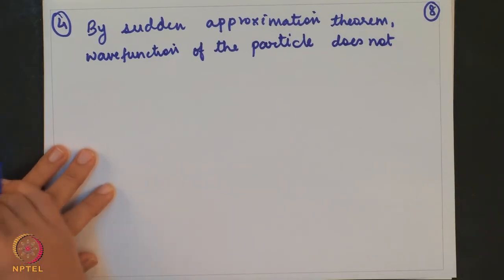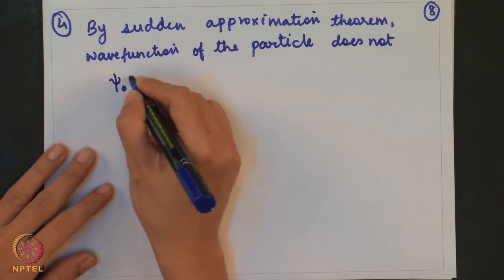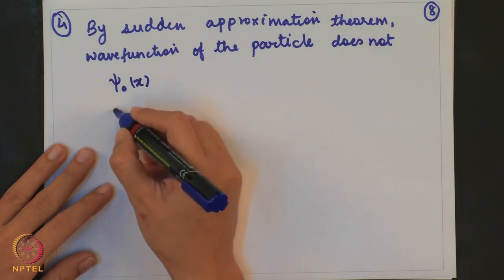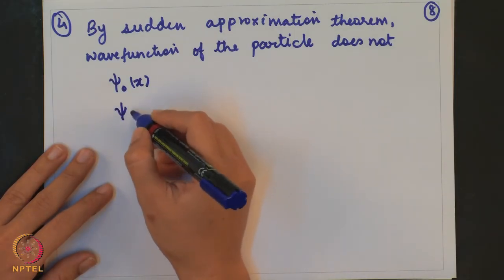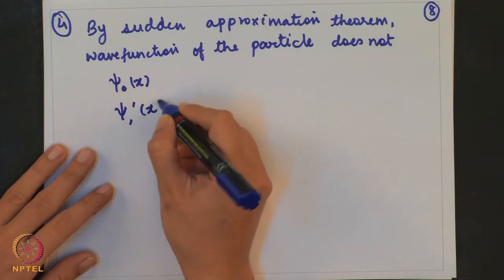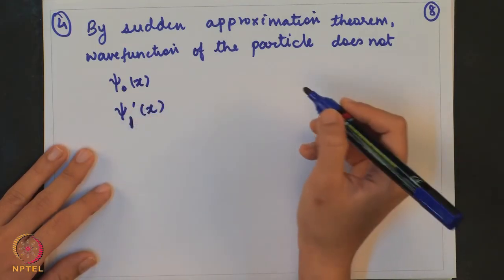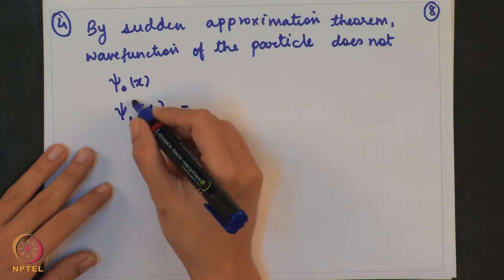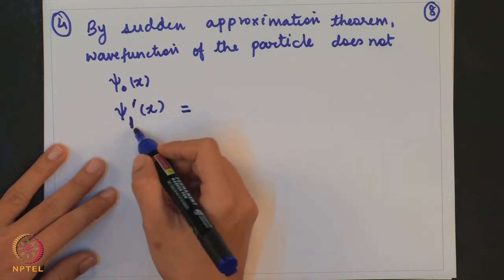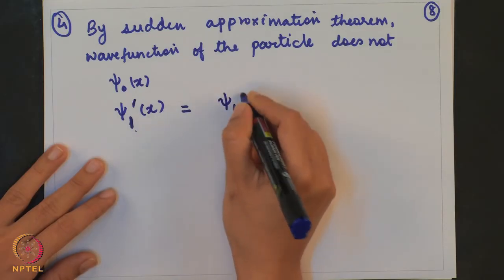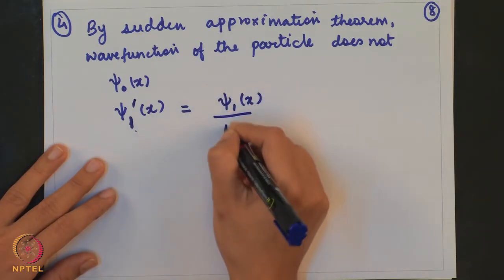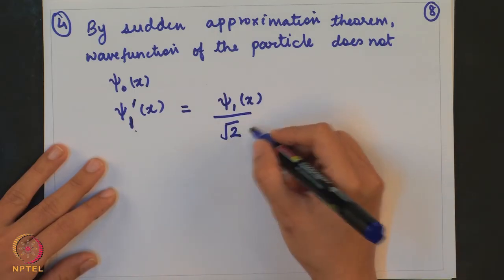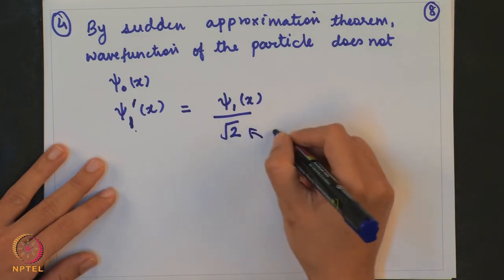However, the wave function will remain the same, and the new wave function, let me call it psi 1 prime, will be psi 1 of x divided by square root of 2. The factor 1 by root 2 is the normalization factor.